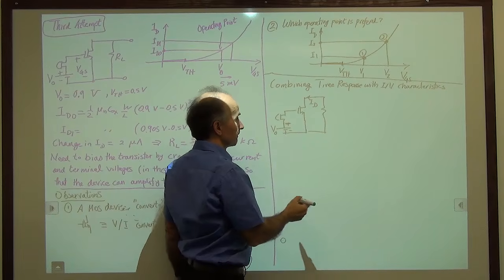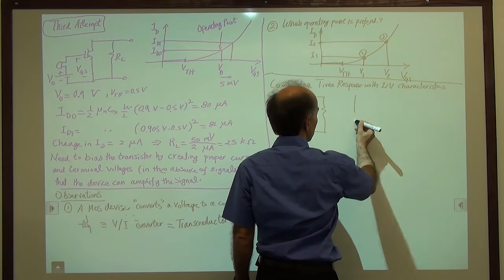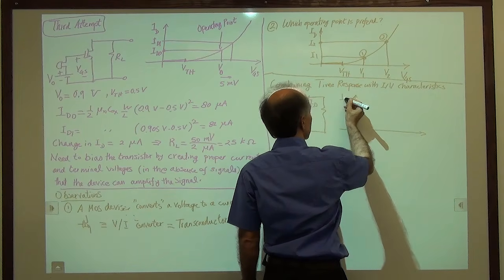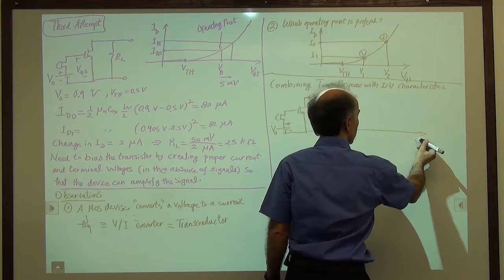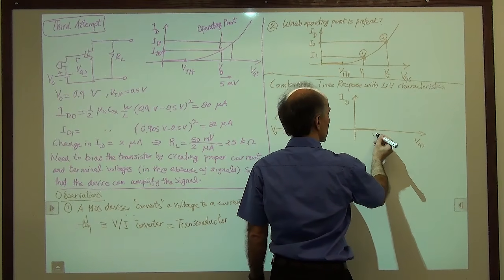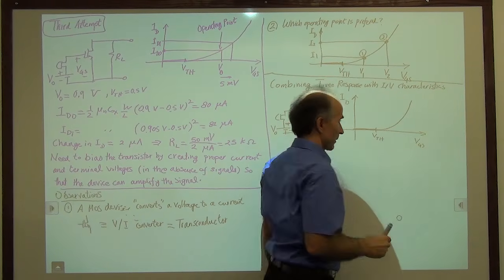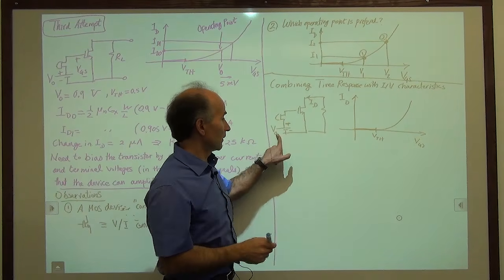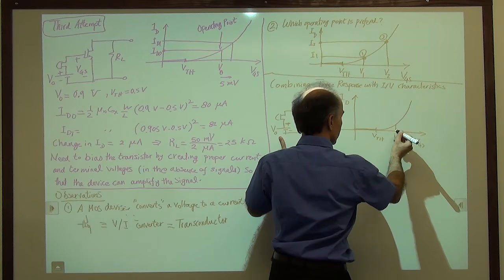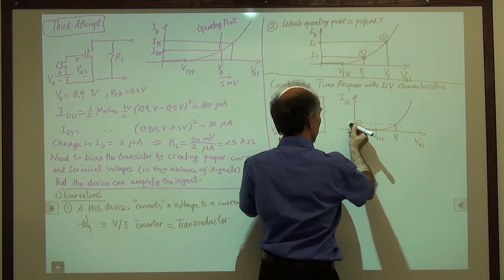We call it V0. So here's what we have: ID as a function of VGS, no current up to one threshold, and then some behavior like that. And V0, the bias, is somewhere. So let's say this is V0. And we have a certain amount of current, ID.